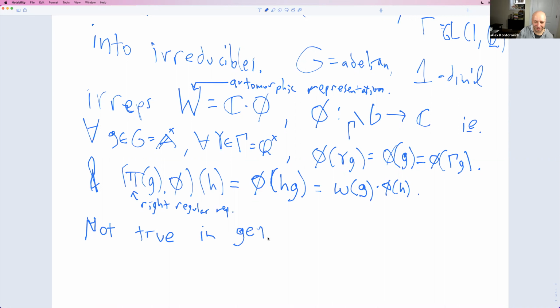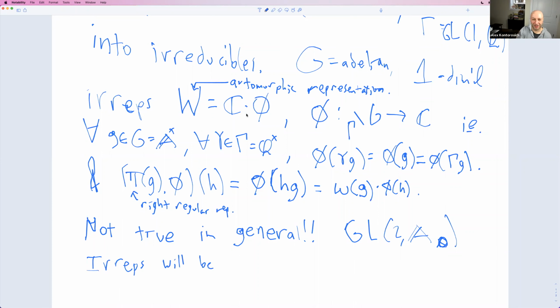Not true in general. So already for GL2 of the Adeles of Q, the irreducible representations will not be abelian and hence not one-dimensional.